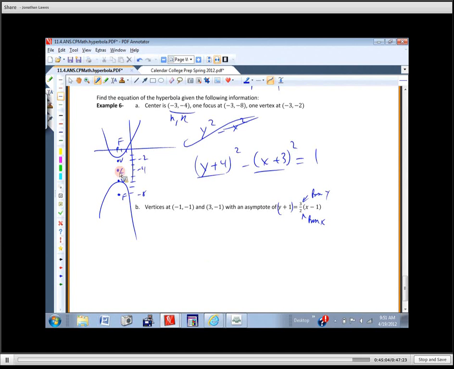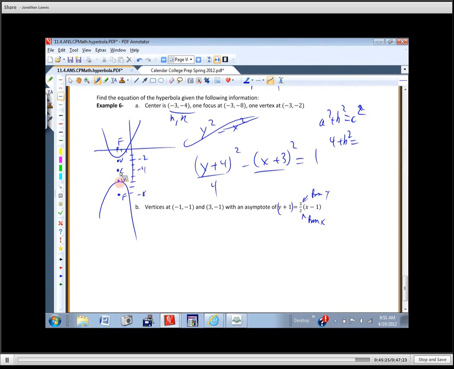Okay. From the center, I go up 2 and down 2. That's a 4. How do I figure this one out? A squared plus b squared equals c squared. It's just like the Pythagorean theorem, and I know this one. 4 plus b squared equals, well, let's see, c squared.